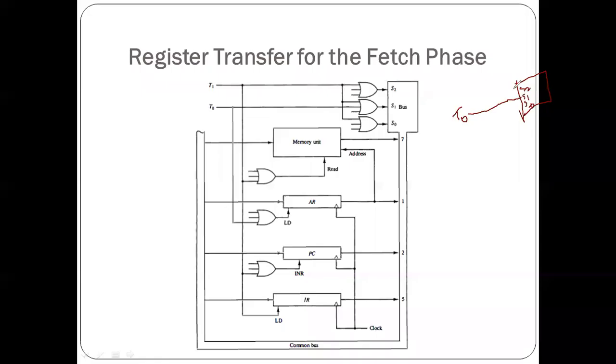Am I right? S2 and S0 are zeros. So none of the lines coming from T0 are connected there. Okay, so they are zeros right now. So this will select PC. Since this is 2, it will select PC.